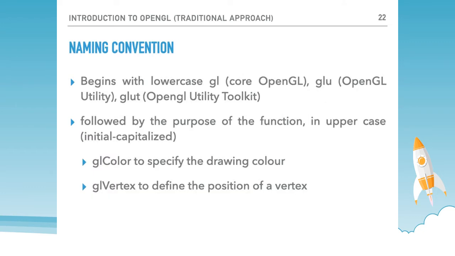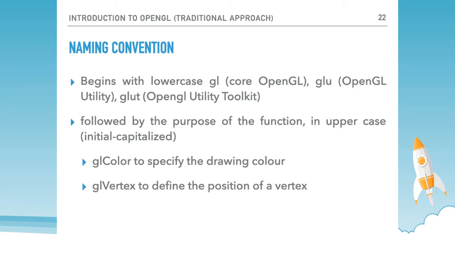This is about the naming convention. As I mentioned in the previous slides, it begins with a lowercase gl if you are using the core OpenGL library. You can use the prefix glu if you are using the OpenGL Utility Library, and glut if you're using the OpenGL Utility Toolkit.